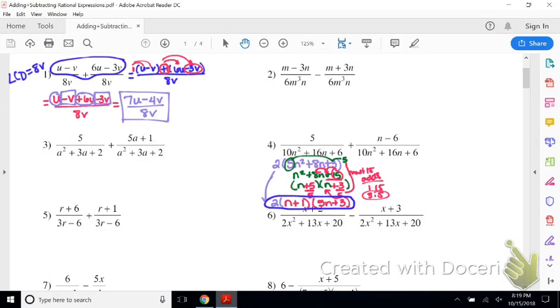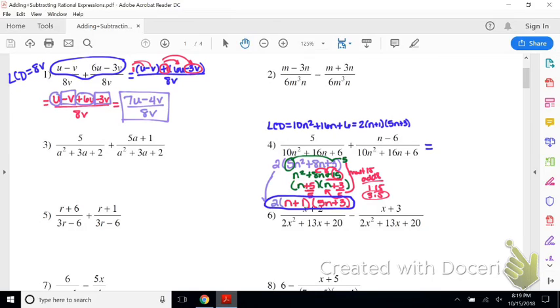So let's try this. Since I have my least common denominator, I'm going to write it above it. This is probably one, guys, you're going to need to do on a separate sheet of paper, because there's no way you're going to be able to write everything you need to write here, so that I can give you even partial credit if you missed it and let it be legible for me. Alright, so we said this factored out was 2 times n plus 1, times 5n plus 3.